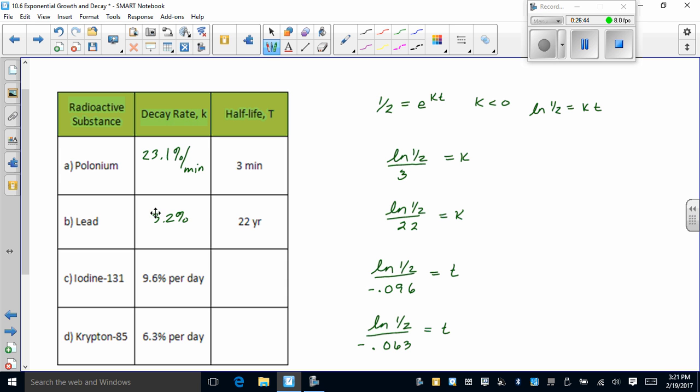The next one is 7 days. And the very, very last one is 11 days. Again, don't forget to mark your units. That's very, very important when you're dealing with units. Okay.